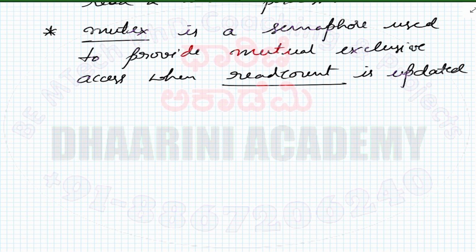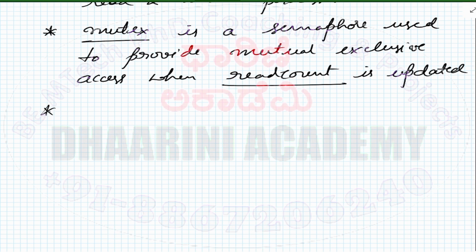Now let's say that we have a read count variable. This keeps track of how many processes are currently reading a given object, because the name says it is read count. There is no problem whenever processes are reading something, because multiple can read at once. Only when somebody is updating or writing do we have a problem.